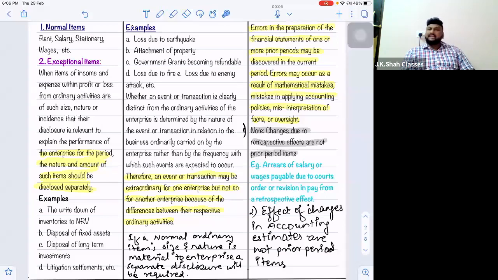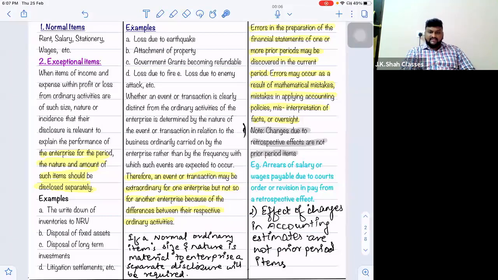Because every now and then you don't settle a litigation. But sir, when you are settling a litigation, can I say it is related to your business activities only? Yes. So that is why it is considered as an ordinary but exceptional item. It is your ordinary activity only, but the point is they are considered as exceptional.